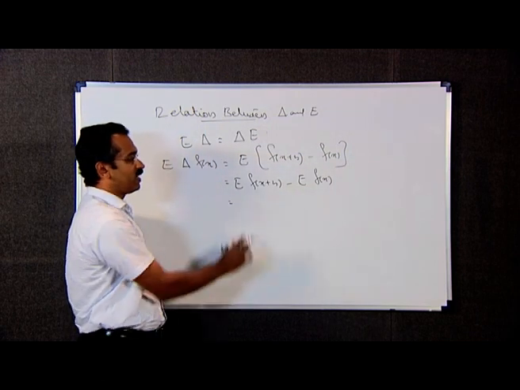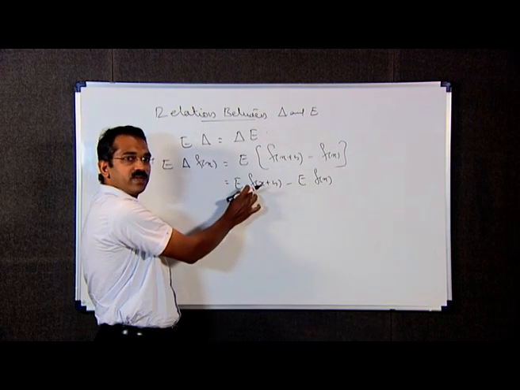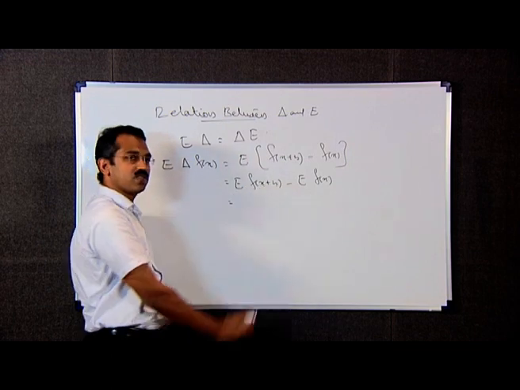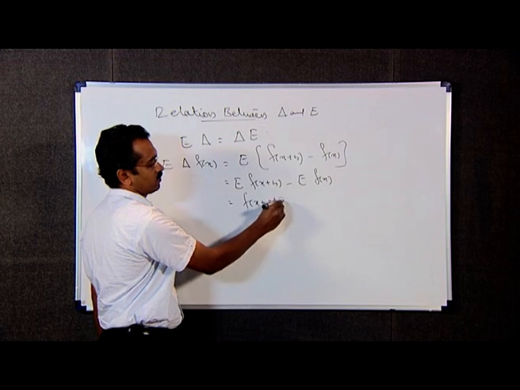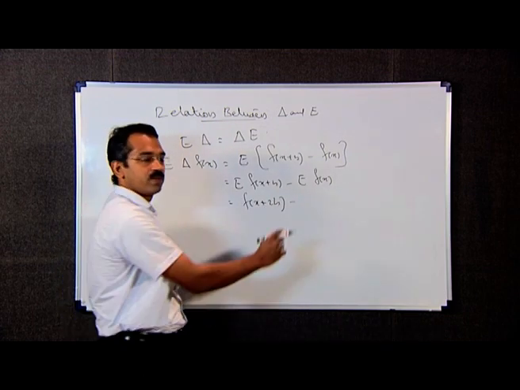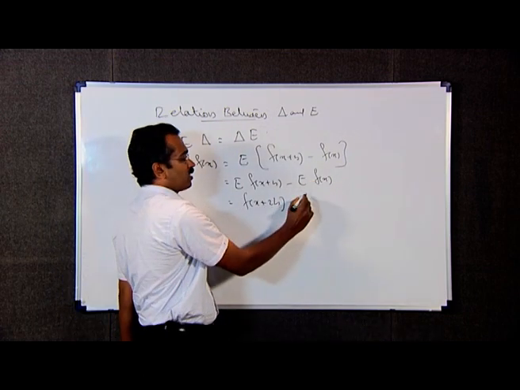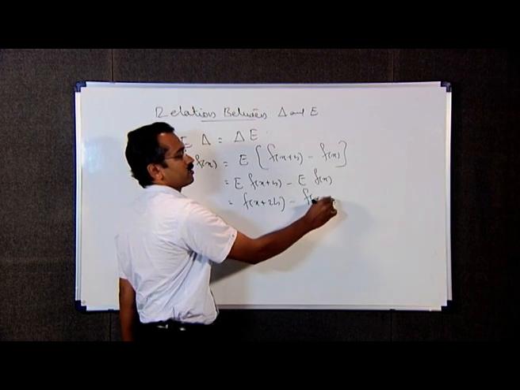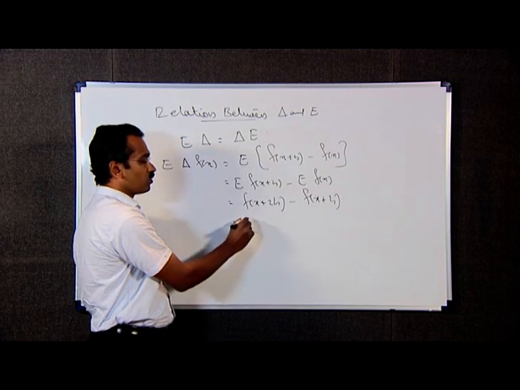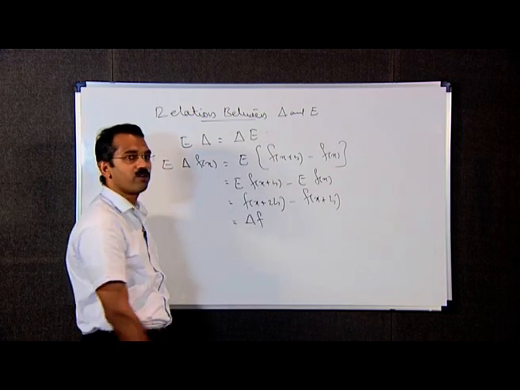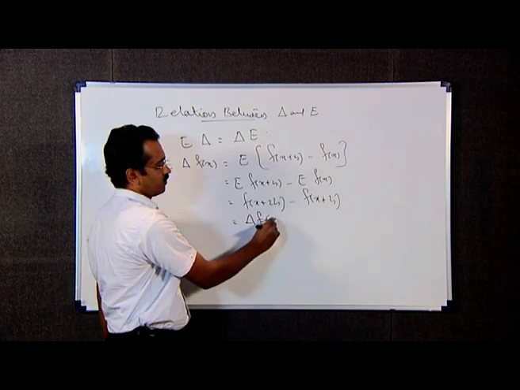By definition of the shift operator E, E of f of x plus h is equal to f of x plus 2h, minus E of f of x, which is f of x plus h. This is equal to delta f of x plus h.